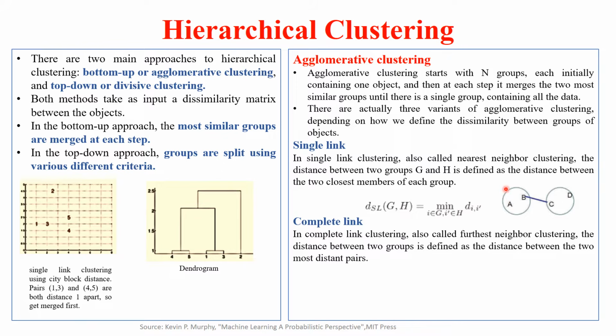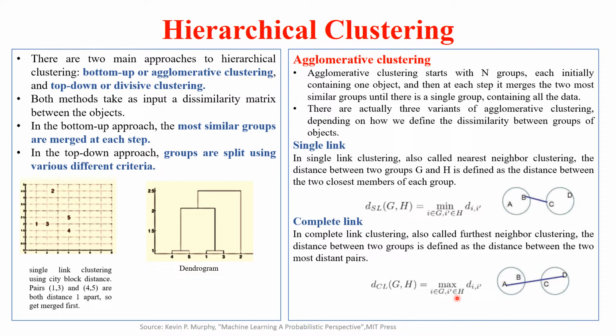Moving on to complete link. Complete link clustering is also called furthest neighbor clustering. The distance between the two groups is defined as the distance between the two most distant pairs. That is, for groups G and H, the distance between the two most distant pairs is considered.